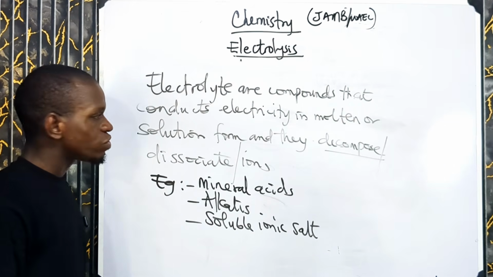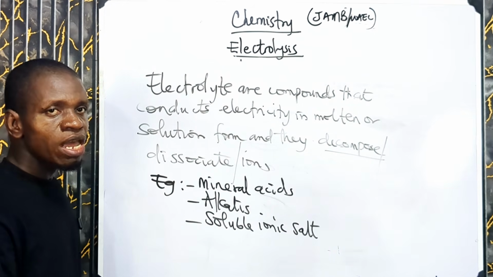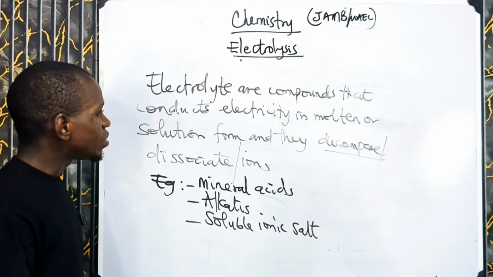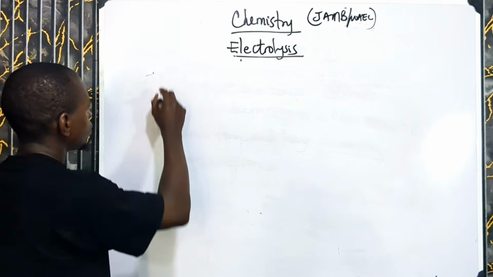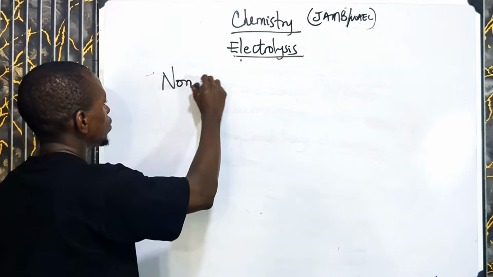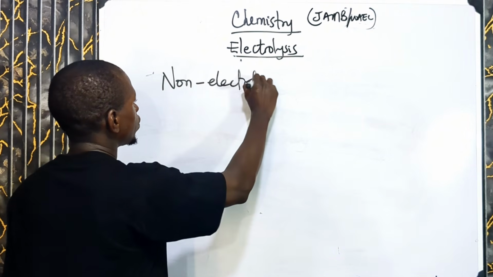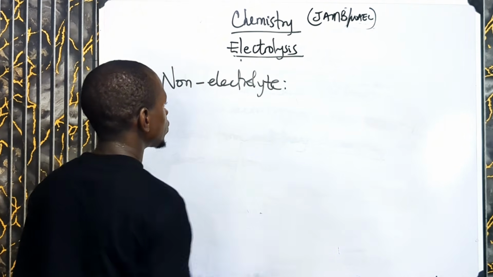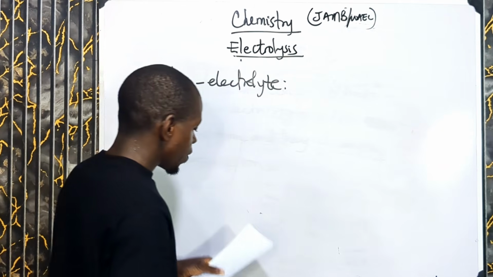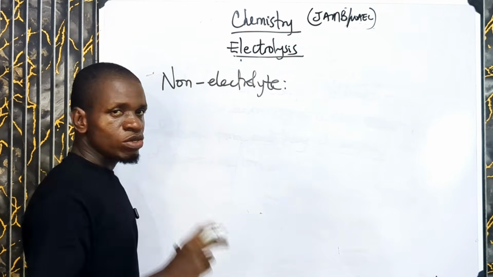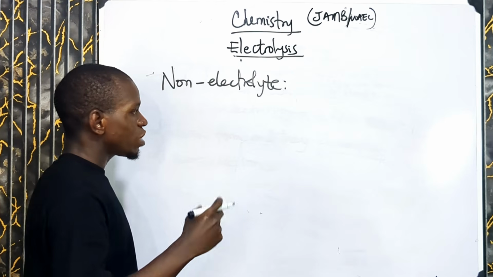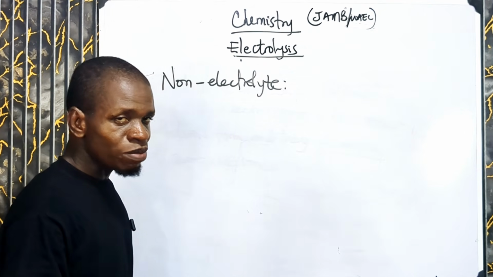Then the next one we're going to talk about is the non-electrolytes. What are the non-electrolytes? They are compounds that do not conduct electricity in either molten or solution form.